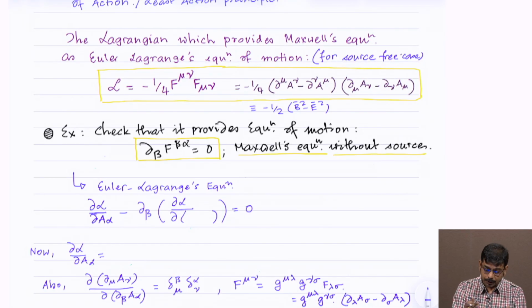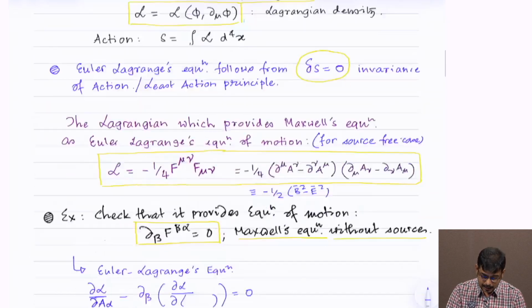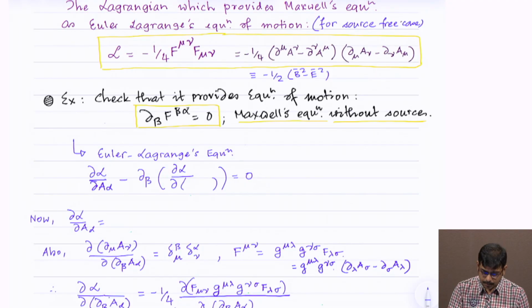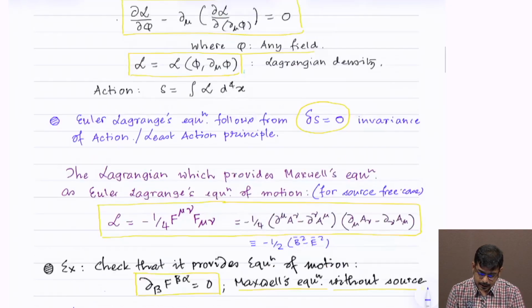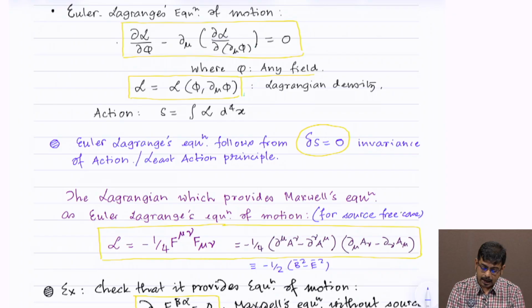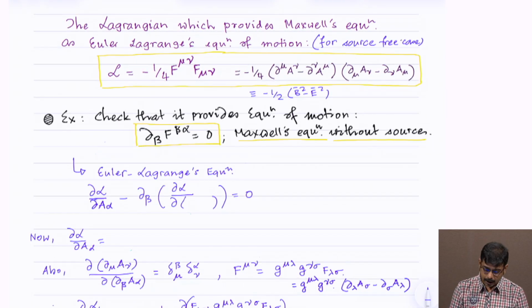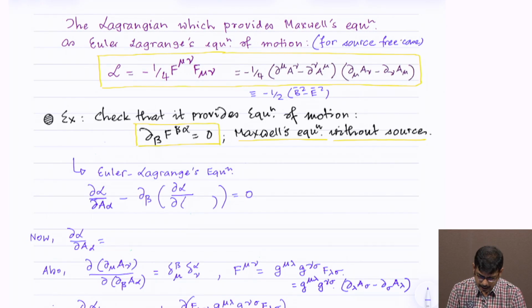So, the first term, which is equivalent to ∂L/∂φ, should be written as ∂L/∂A_α. What will be the next term? The next term will be the corresponding derivative, like ∂_μ of ∂L/∂(∂_μ φ). Instead of ∂_μ, I am writing ∂_β. Okay, ∂_β means essentially ∂/∂x^β, where β is another index that I assign.